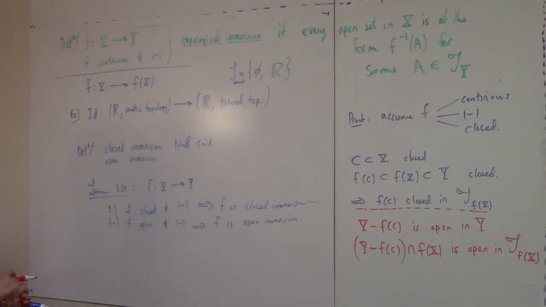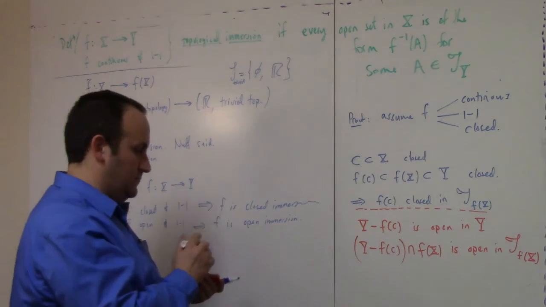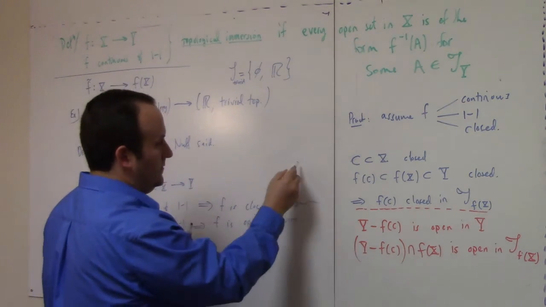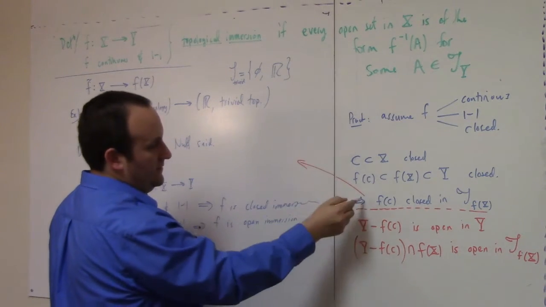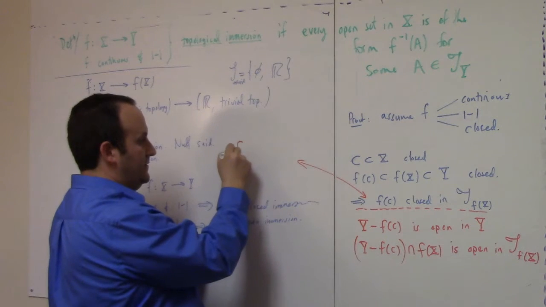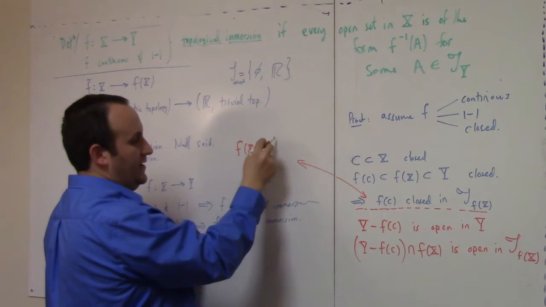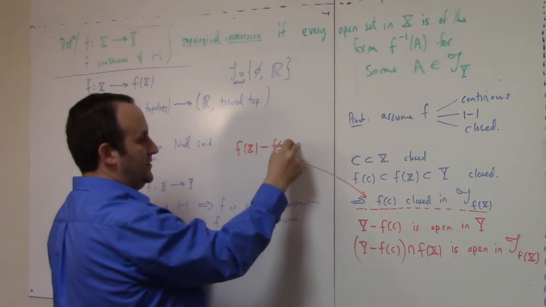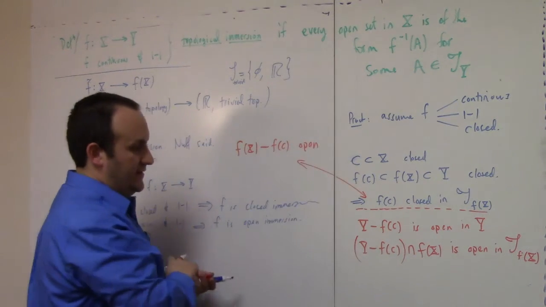Wait, so we'd be trying to simplify that to Y minus f of C? Let's see, or f of X minus f of C. What we need is that f of X minus f of C is open. That's what I want.